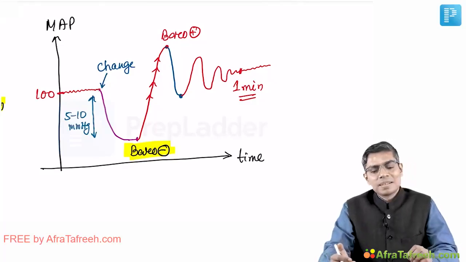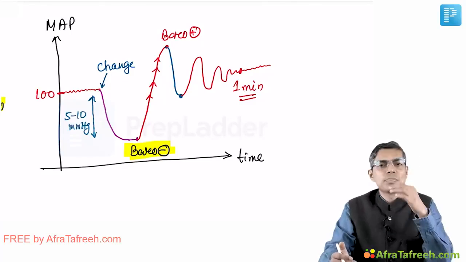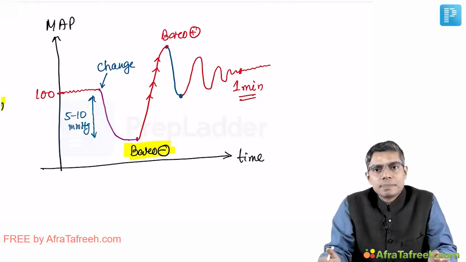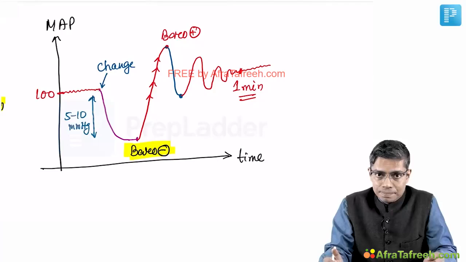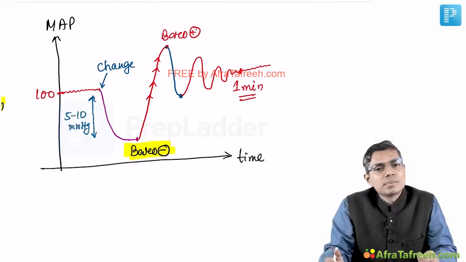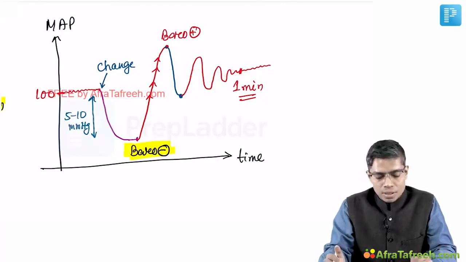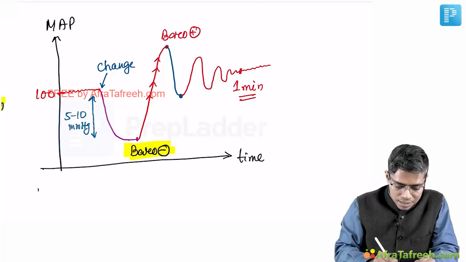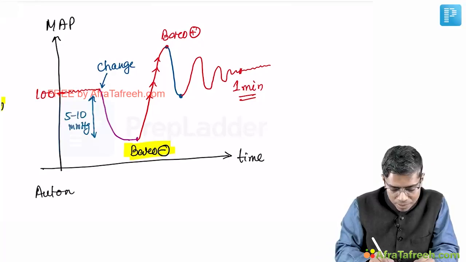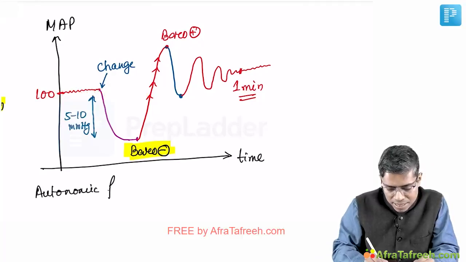Now you know that if your sympathetic system or parasympathetic system is disturbed, that is autonomic failure, right? Suppose one person is suffering from diabetic neuropathy, right? Or in some cases of Parkinson's disease, there is autonomic failure. So whenever there is autonomic failure, right, what will happen?